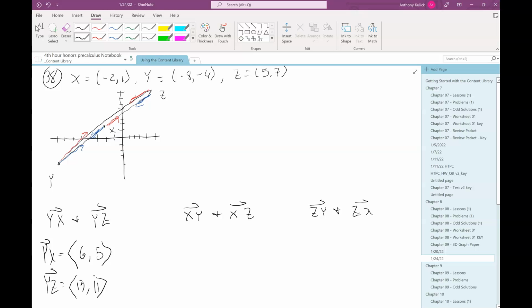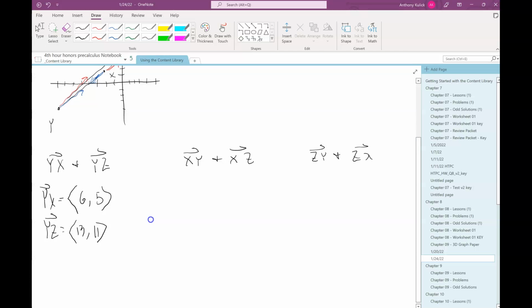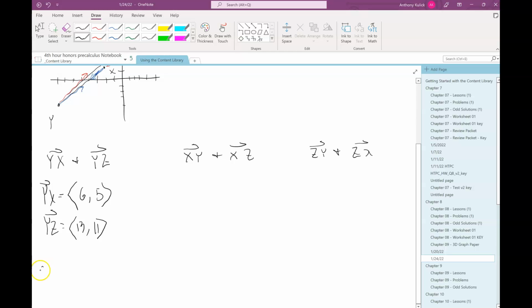And so to find the angle between these two vectors, I'm going to use my angle between two vectors formula. So that angle is going to be cosine inverse of the dot product of these two vectors.